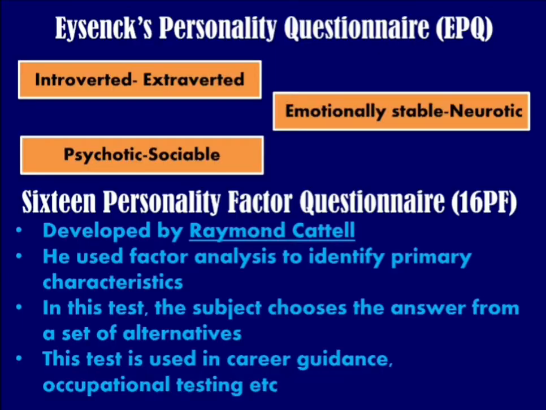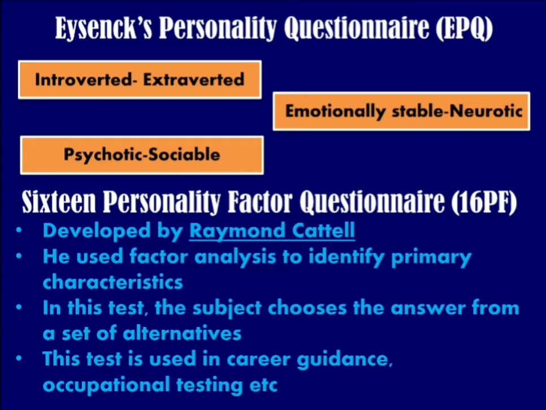Moving on. Eysenck's personality questionnaire, which was developed by H.J. Eysenck. Now we have already studied this in our part 1 video. So he gave us 3 dimensions, which are introverted-extroverted, emotionally stable-neurotic, and psychotic-sociable. Then we move on to the 16 personality factor questionnaire by Raymond Cattell.